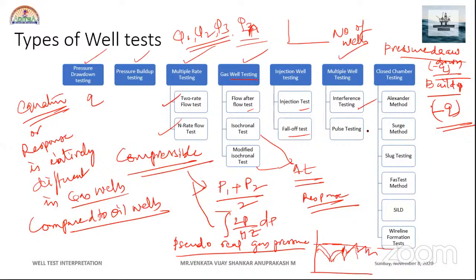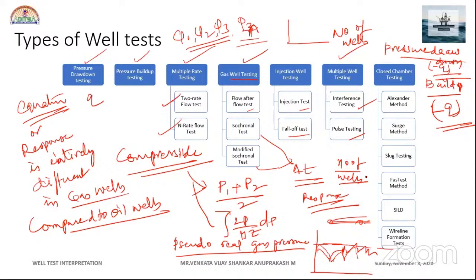So what is interference and pulse testing? Interference test is when you have n number of wells and you are seeing the effect of flow rate of one on the other. To check that, we do this interference testing.